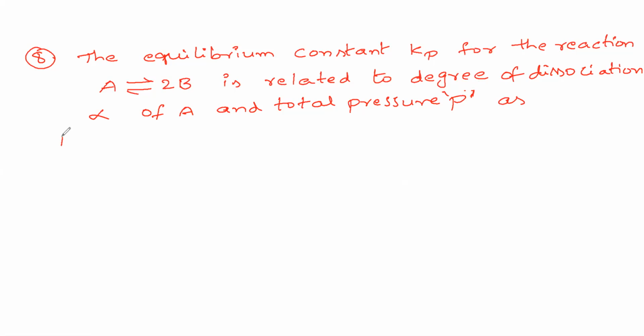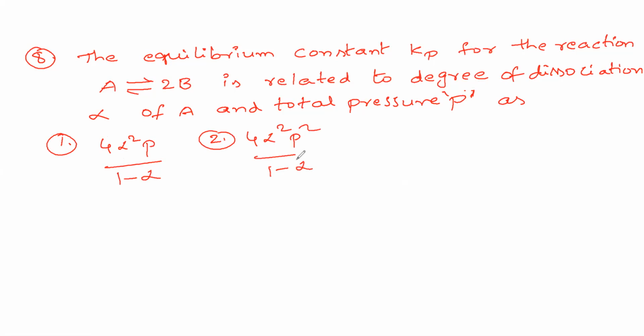So we need to find Kp. Option 1 is 4 alpha square P, that is total pressure, by 1 minus alpha. Option 2 is 4 alpha square P square by 1 minus alpha, the whole square.